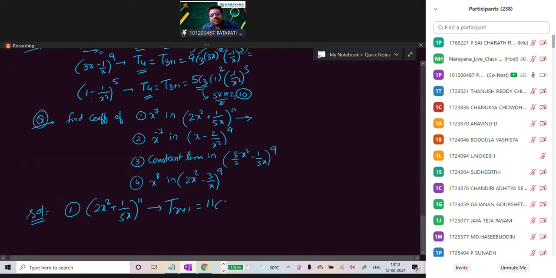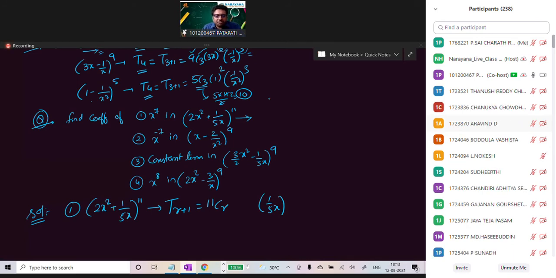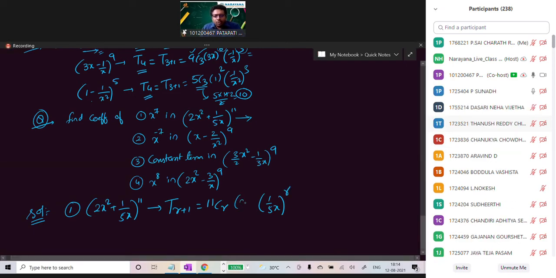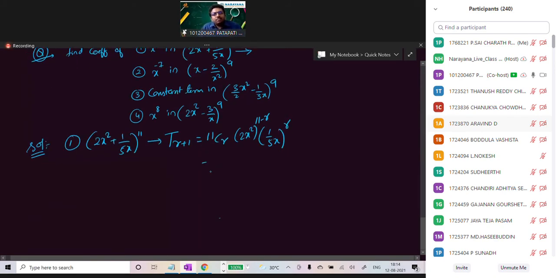What is the general term of this expansion? 11Cr, right? Can you tell me, (1/(5x)) to the power? r, right, into (2x²) to the power how much? 11 minus r, right? Both these terms are dependent on each other, the same variable.